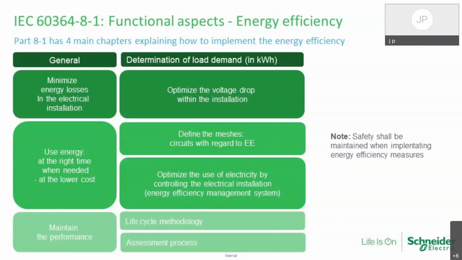Then in this chapter we do three main things. You are going to minimize the energy losses in the electrical installation, mainly by reducing the voltage drop within the installation, and you have a lot of methods to do it. You are going also to use the energy at the right time when needed and at a lower cost.